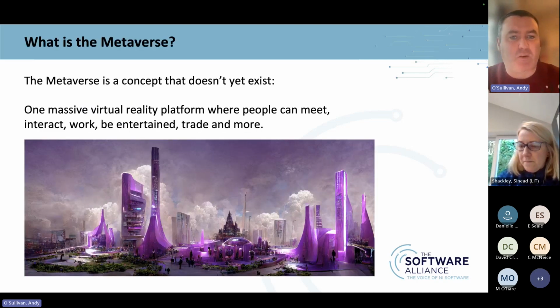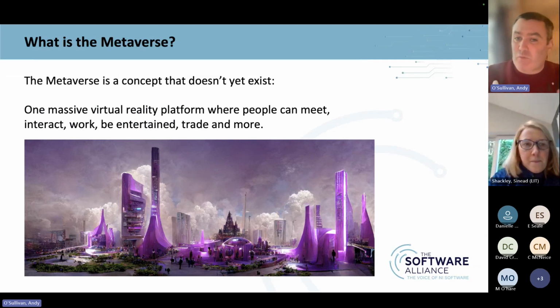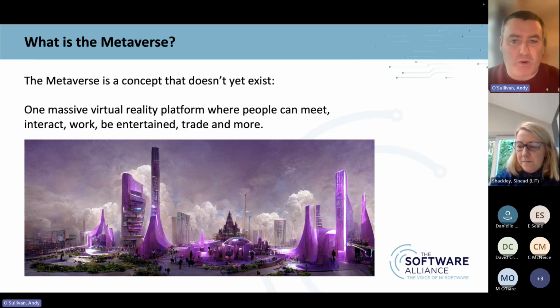So the Metaverse, as I set off by saying, is a concept that doesn't really exist yet. In its ideal state, it is one massive virtuality platform, basically where people can do a lot of stuff. They can meet, work, be entertained, trade, do actual commerce there, meet people. But there is not yet one Metaverse.